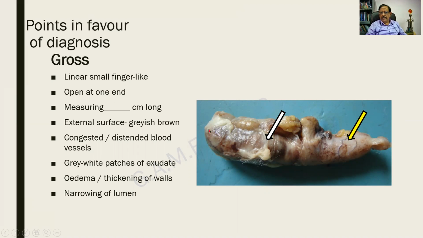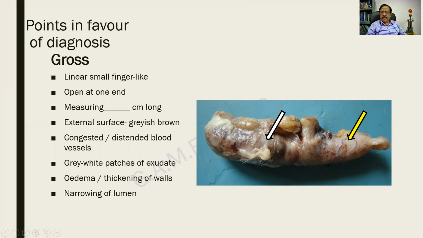And this one end, you find that there is a blunt end over here. And there is a creamy exudate indicating inflammation. A creamy exudate that is present on the serosal surface. And here again, I am finding some worm-like structures which are the congested blood vessels.